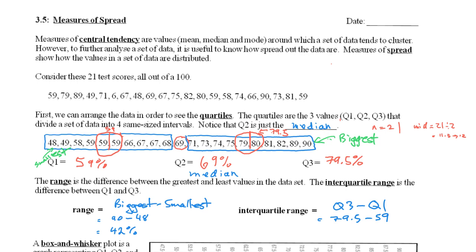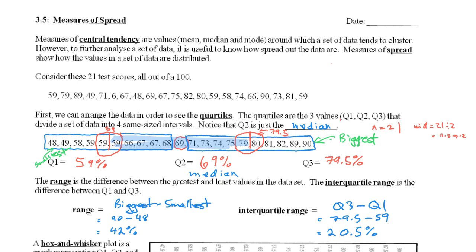So now you calculate and you end up with the spread between the smallest and the largest of the middle 50%, which is right here in our list, a total of 20.5%.